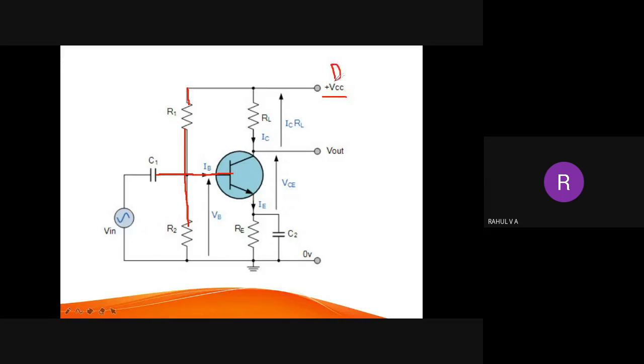From the DC voltage, we connect one resistor to a common point where the capacitor connection meets, and then one more resistor to the ground. The collector of the NPN transistor is connected to VCC through a resistor, and the emitter is connected to ground through a resistor, with a capacitor in parallel to that resistor. And at the output we have another coupling capacitor, C2.